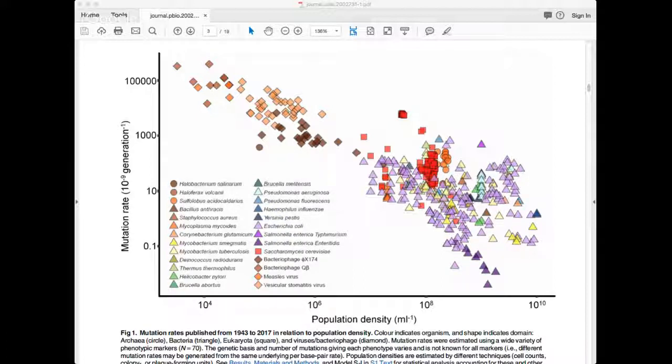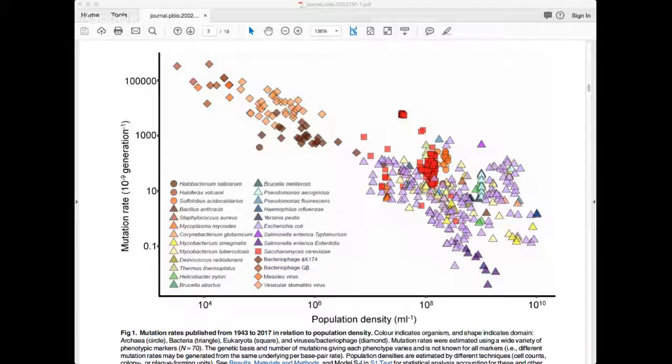Other thoughts on that? Okay. All right. So the whole purpose of Figure 1 is to address their first question: do we see population density dependent variation in mutation rate across microbial representatives from different domains of life? If you look at it, you definitely see they've got a nice slope going.